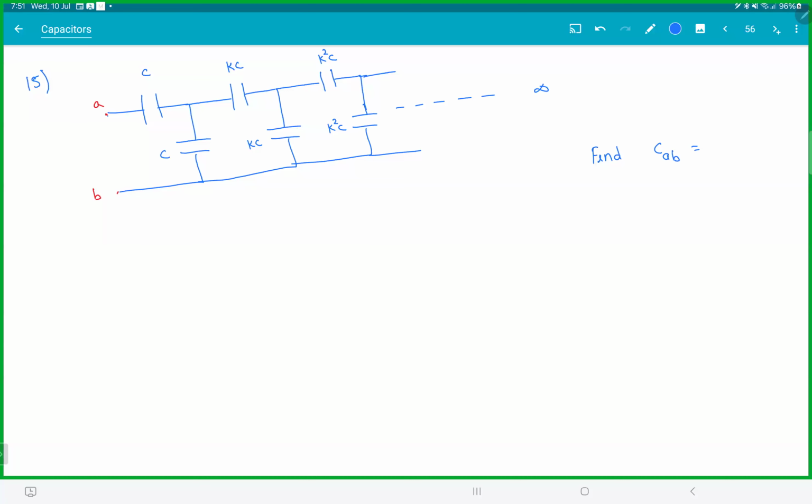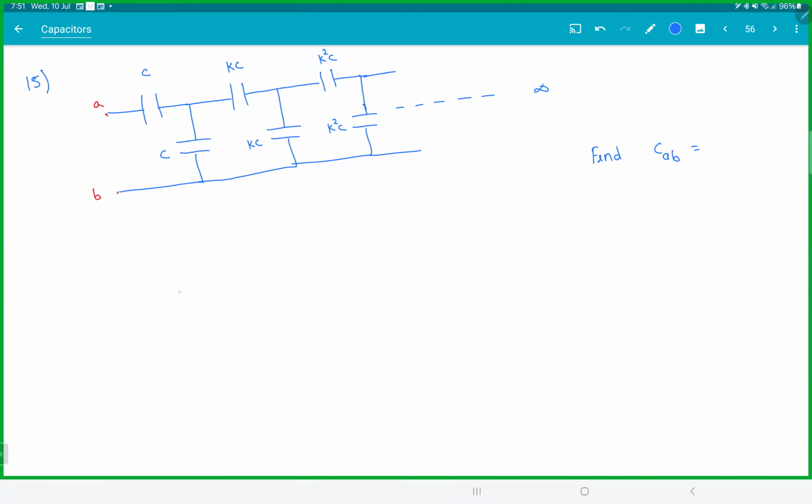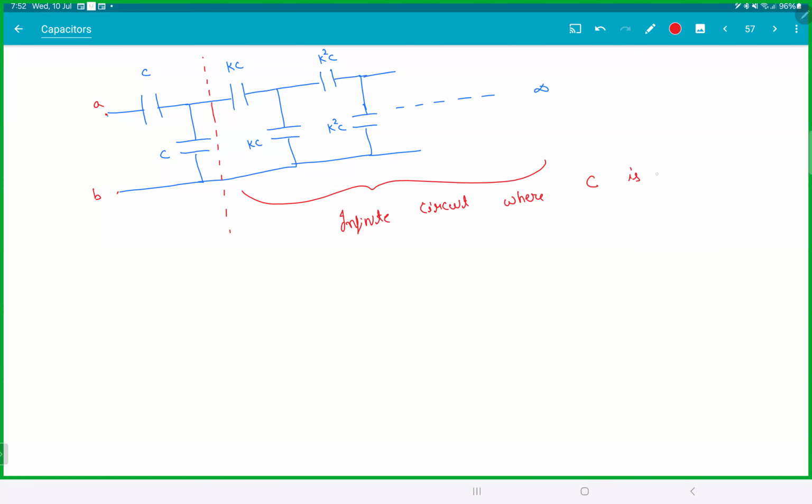Let's see. So the idea here is, let's start like this. Let the answer, let CAB, be equal to X. Now, if you take the whole thing as X, if you just remove one branch, this entire circuit is again an infinite grid, an infinite circuit, where C is replaced by Kc.